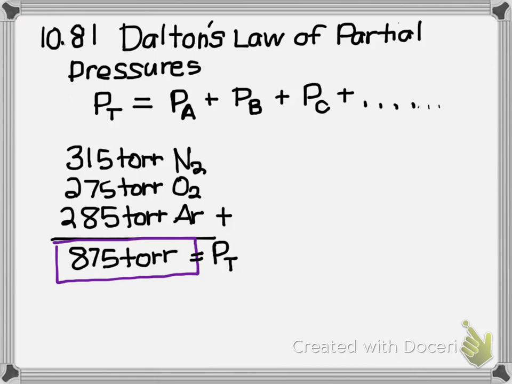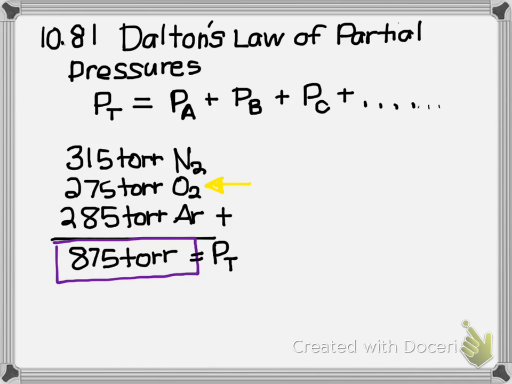Well, if you're at the same volume and temperature, pressure is proportional to the amount, or the number of moles. So to determine the mole fraction of a gas, we can use the pressures. If we're looking at oxygen, we would be looking at this one right here.